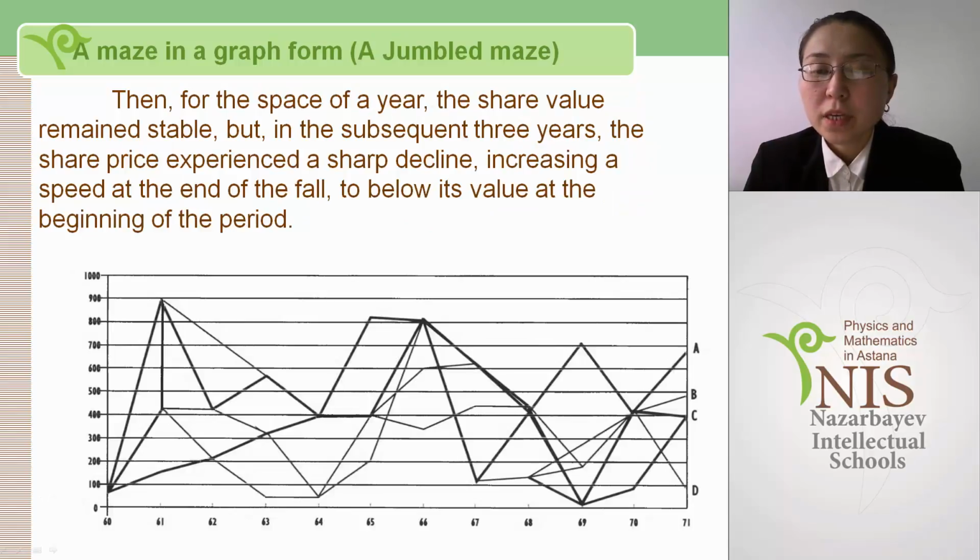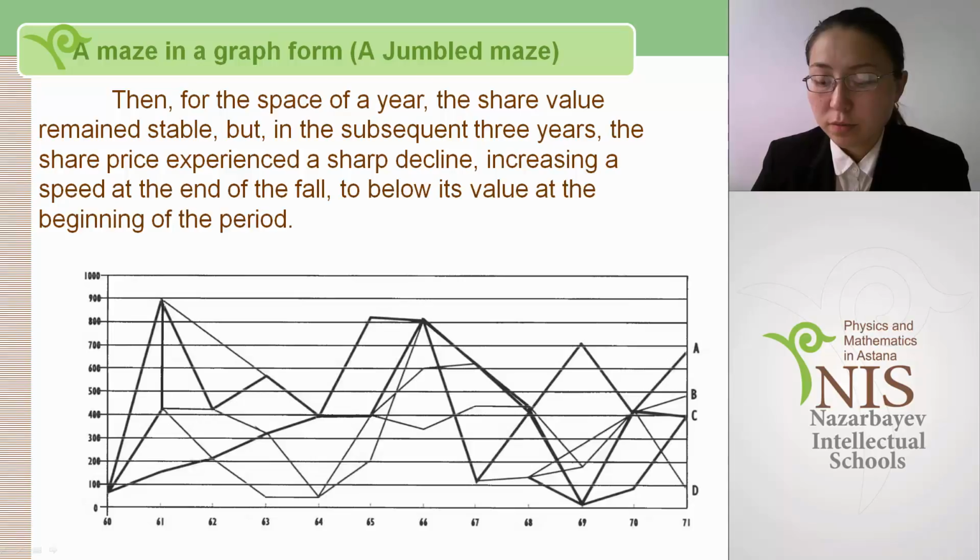Then, for the space of the year, the share value remained stable. But in the subsequent 3 years, the share price experienced a sharp decline, increasing in speed at the end of the fall to below its value at the beginning of the period.